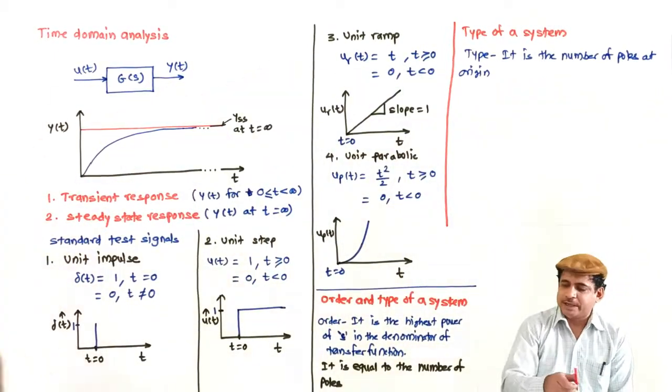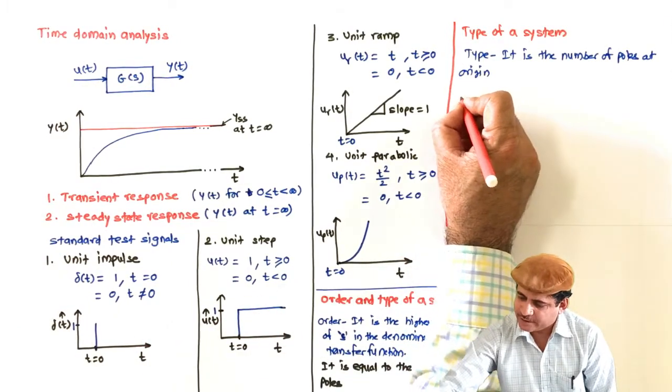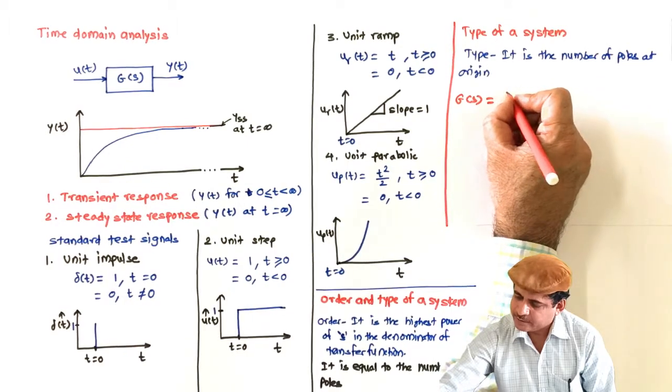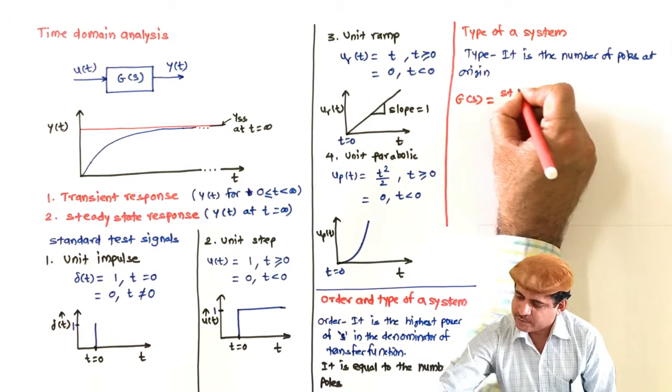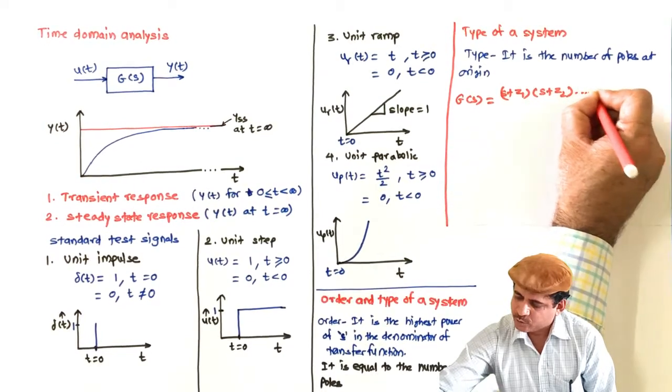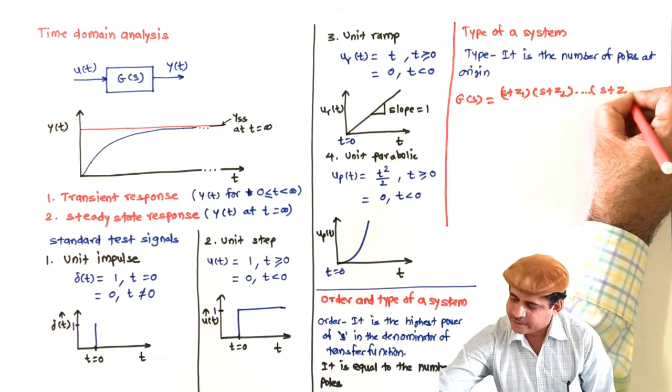Very simple. And to clarify, let me have a transfer function as, say, s plus z1 into s plus z2 so on up to s plus zm.